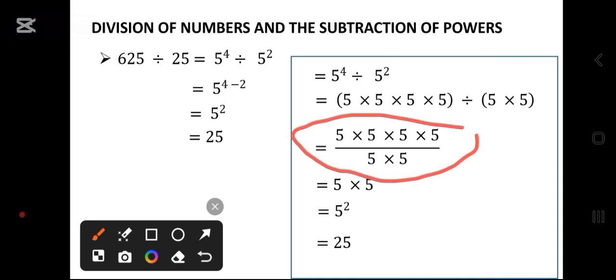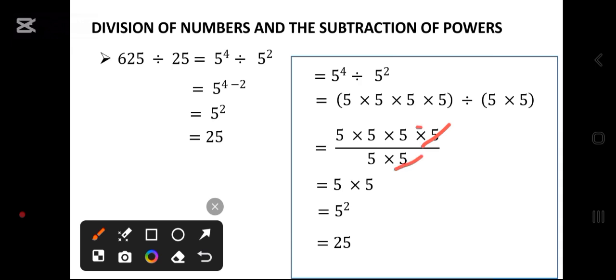We now divide the numerator by the denominator. So we cancel out 5, we cancel this 5, 5, we cancel this 5. So what do we have left? We have 5 times 5, which we have here. 5 times 5 will give us 5 raised to power 2. 5 raised to power 2 will give us 25.